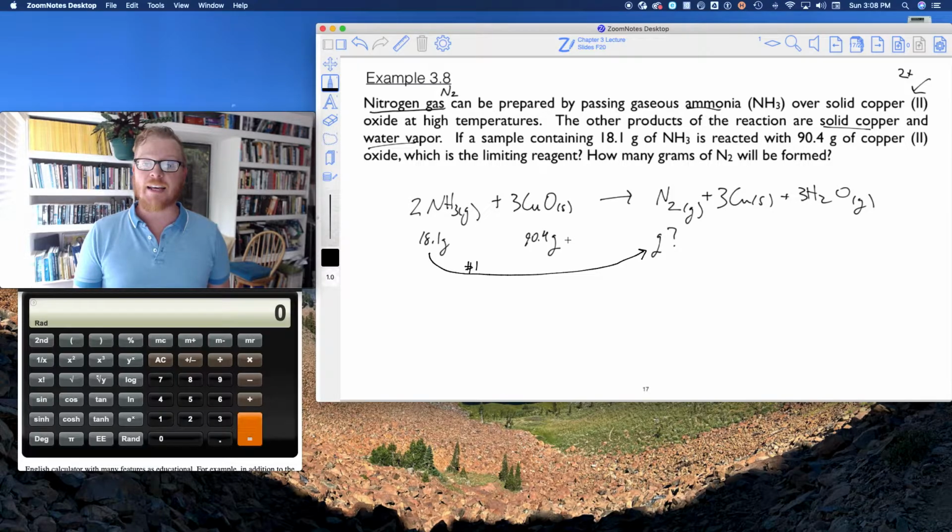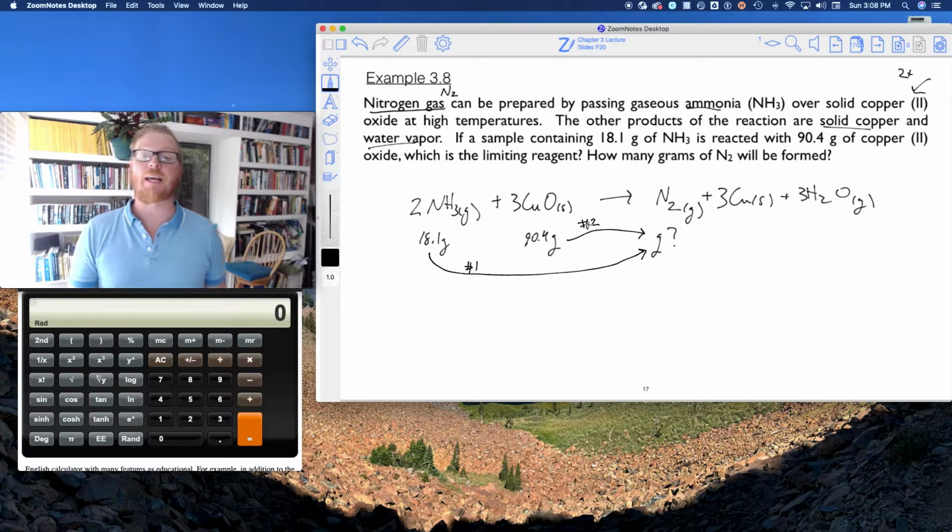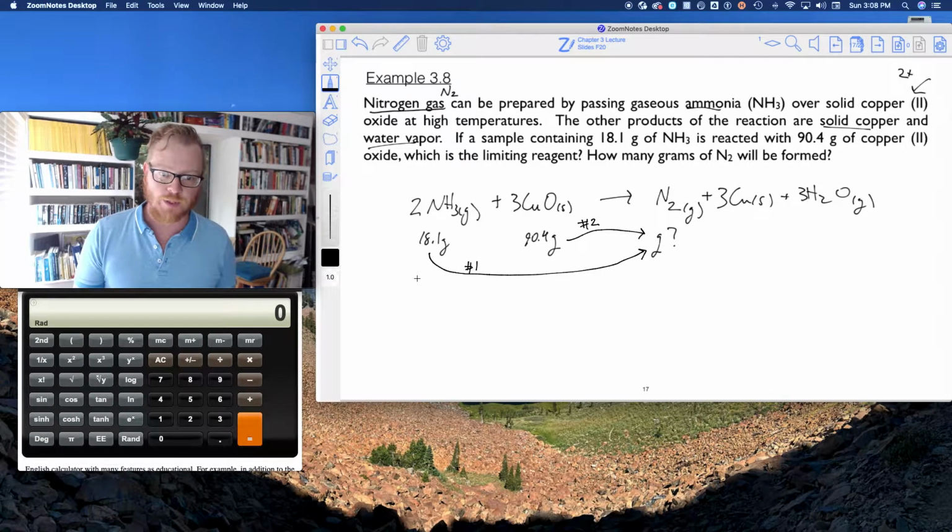Then we're going to do a second calculation that I'll call number 2, where we're going to see how many grams of nitrogen can be made from 90.4 grams of copper 2 oxide. And whichever one turns out to be the least, whichever one makes the least amount of nitrogen, was the limiting reagent. Okay, so let's start on this calculation number 1.